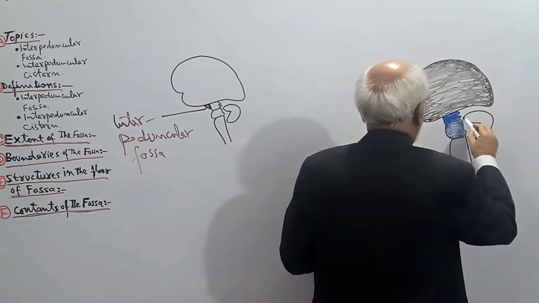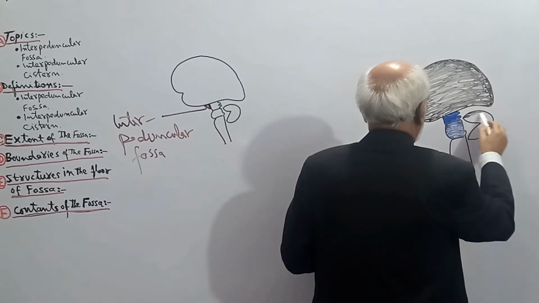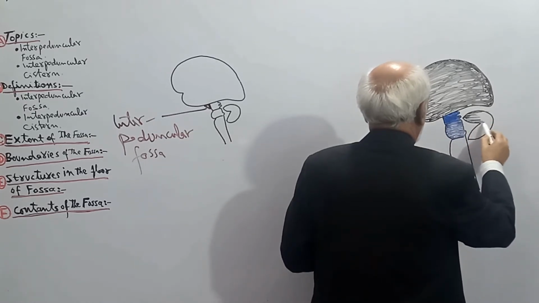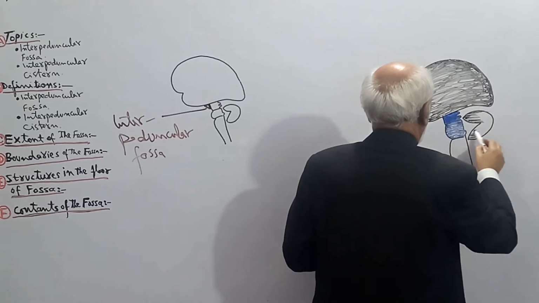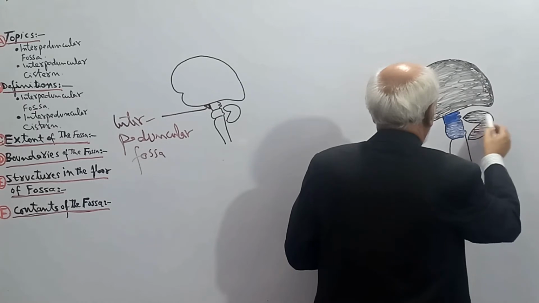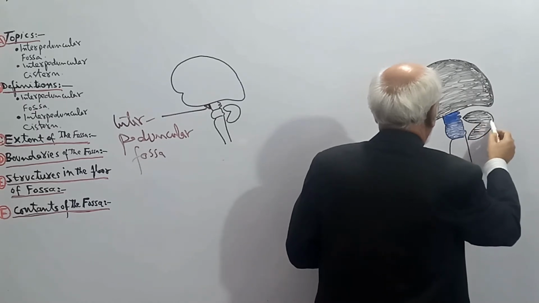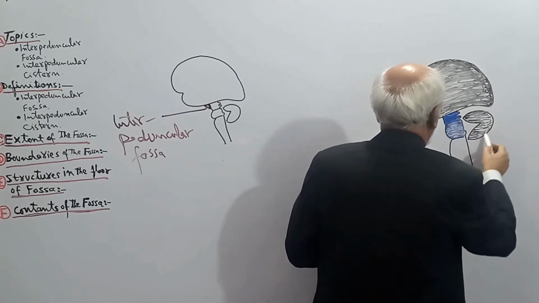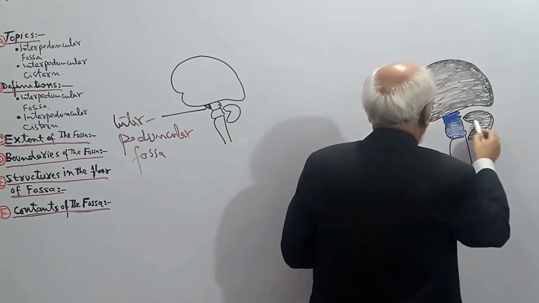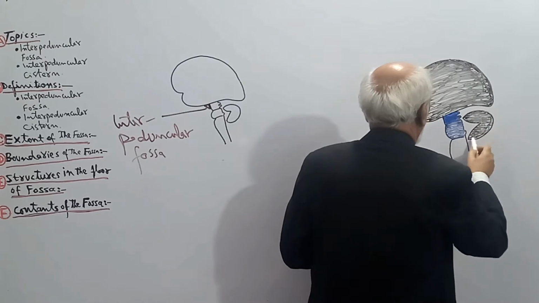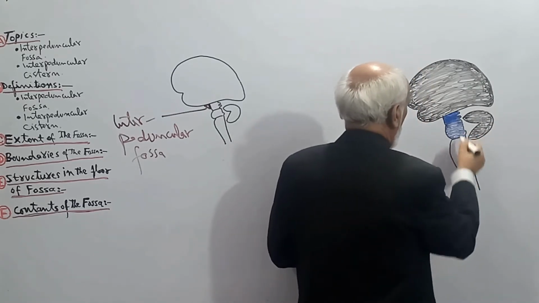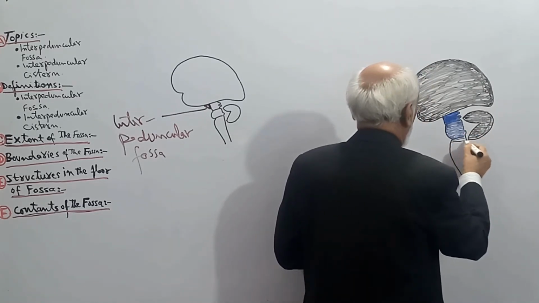Behind the pons and medulla oblongata is cerebellum. And below the pons is the medulla oblongata.